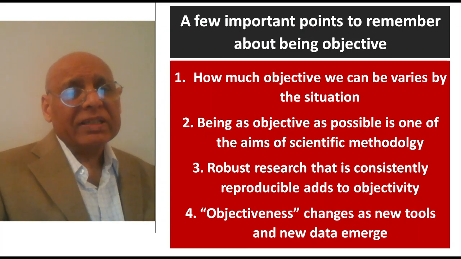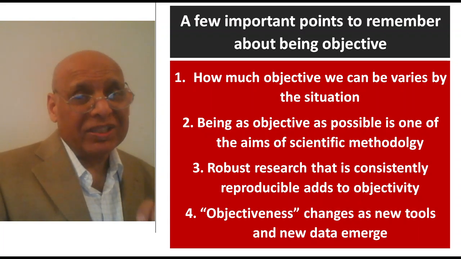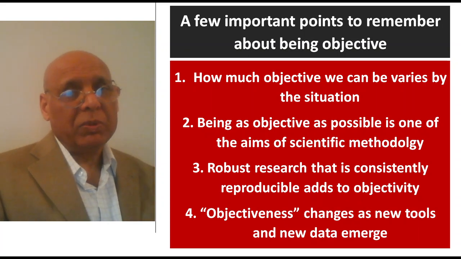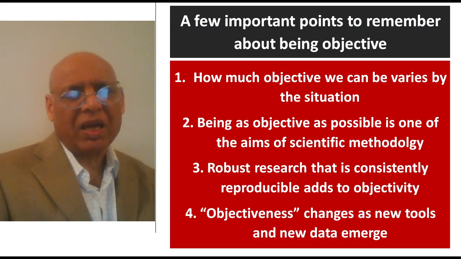Now, the third point is that robust research that is consistently reproducible adds to objectivity. So if the research is not robust, if the methodology is flawed, and we will get to the methodology part probably in about 10 to 15 lectures from now.